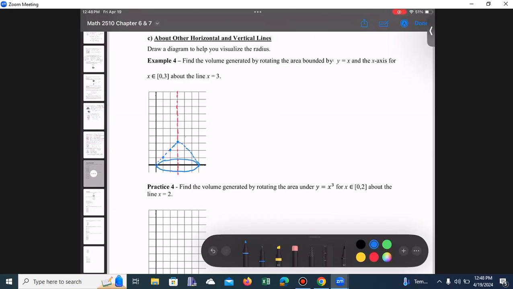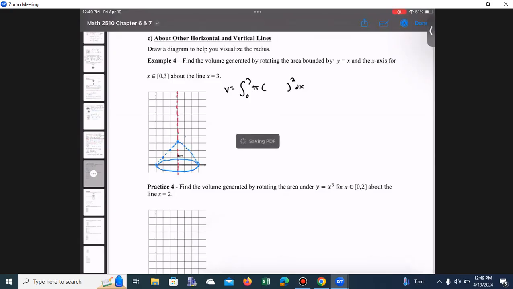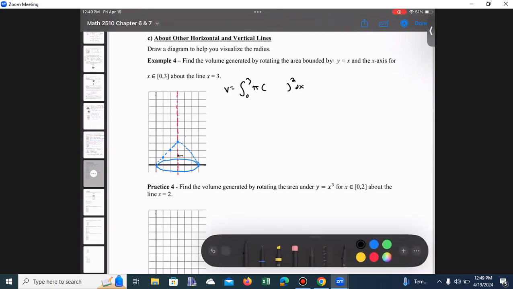Alright, so now we have to figure out what the radius is. Our volume is going to go from 0 to 3 of pi, and we've got to get our radius, which is going to be squared. Now, a radius will go from basically here to here. This is the function minus 3, because you've got x equals 3.